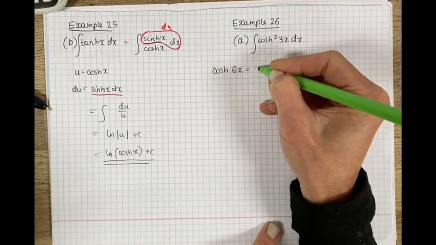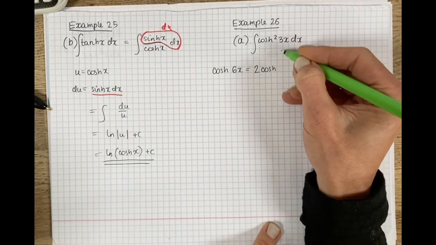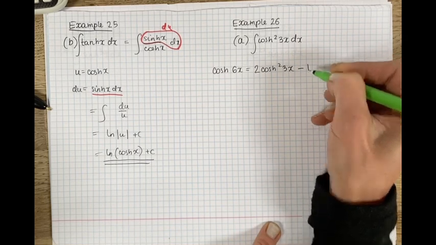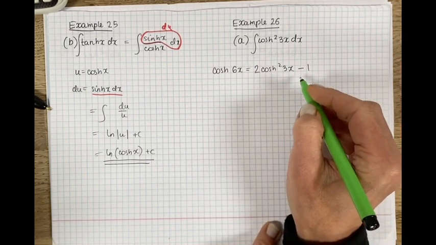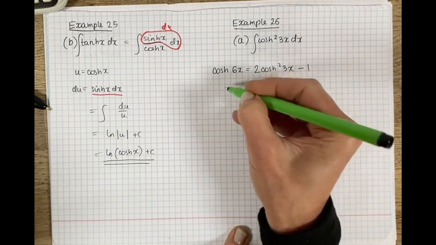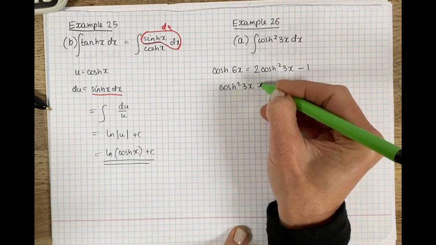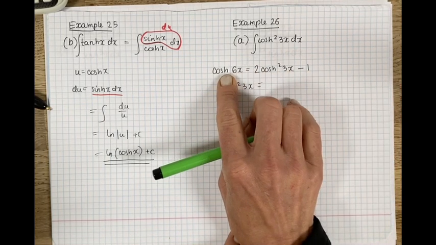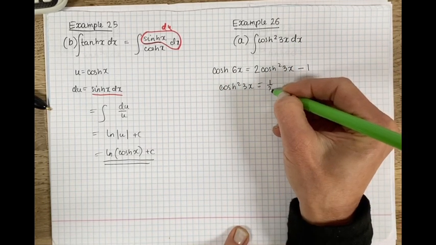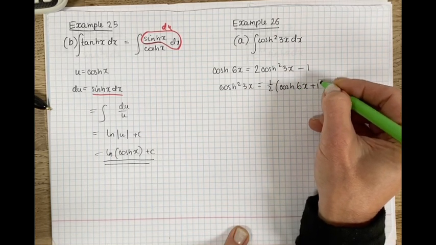That's going to be equal to 2 cosh squared 3x minus 1, exactly the same as if you were dealing with trig functions, because it's cosh, so no change of sign. So that gives me the replacement for cosh squared 3x. So minus 1 goes across, so you've got cosh 6x, add 1, and you divide it by 2, so it's a half of cosh 6x plus 1.